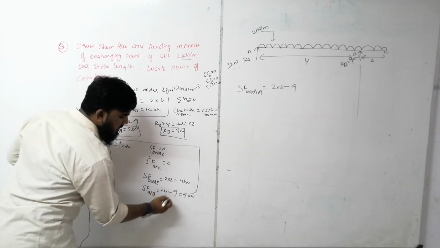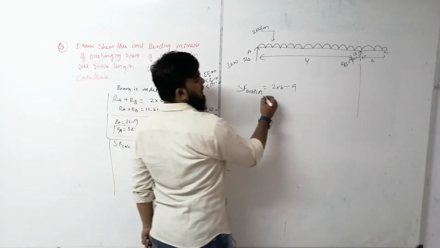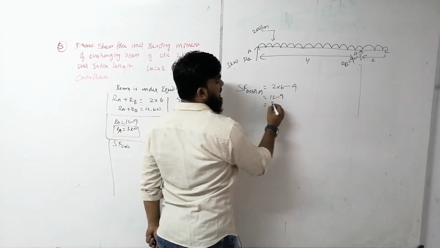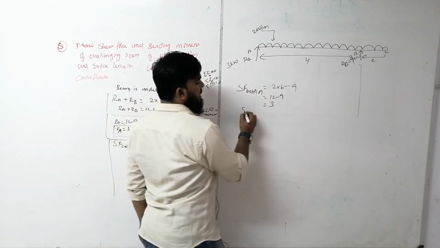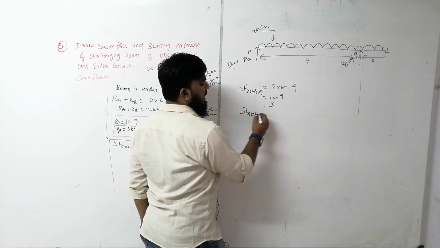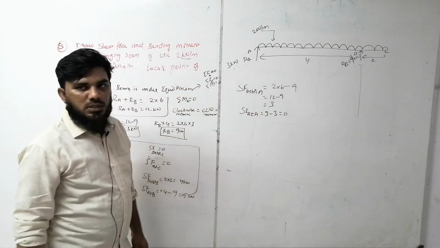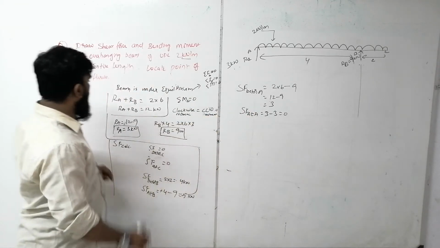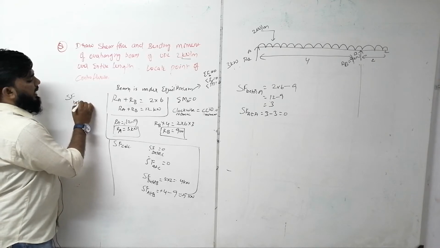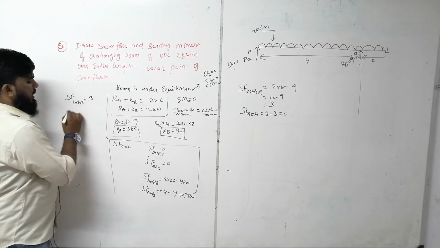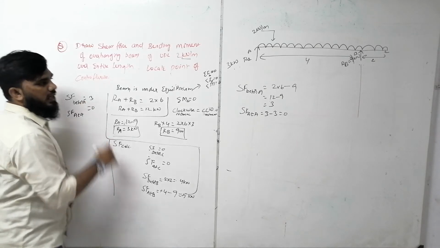So this will become minus 5, and 12 minus 9, you will get 3. Okay, so I will write this value. Next is shear force at A. 3 minus 3, so the value will become 0. You can write these values separately here, because we need these values to draw the diagram: shear force at A is equal to 0, before A 3, at A 0.